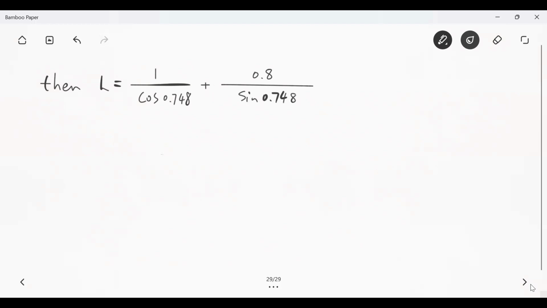Finally, we can get this. The answer is about 2.56 meters.